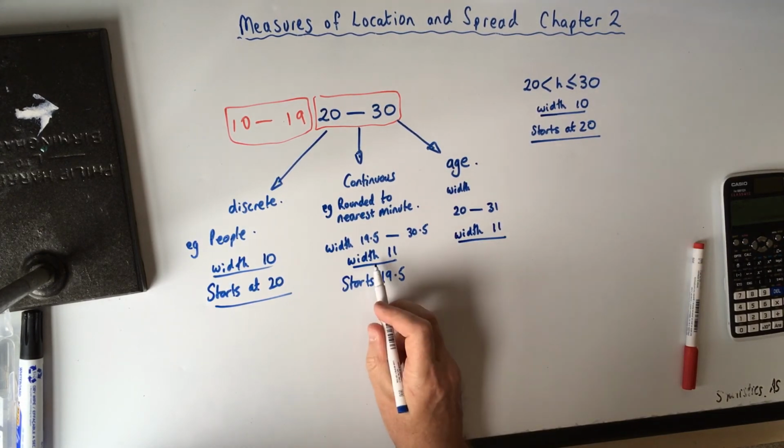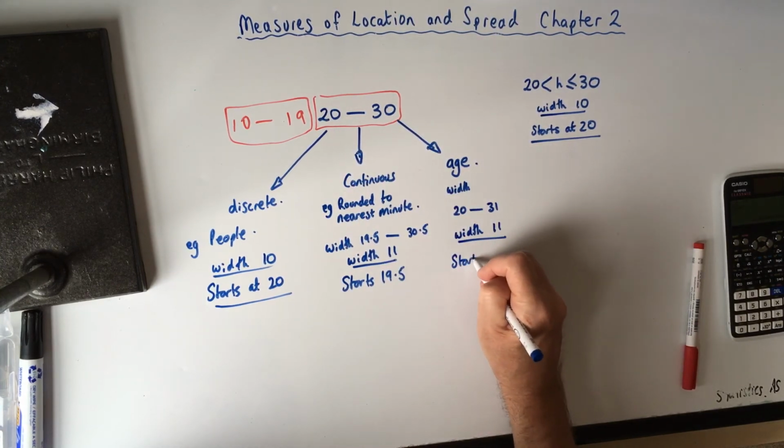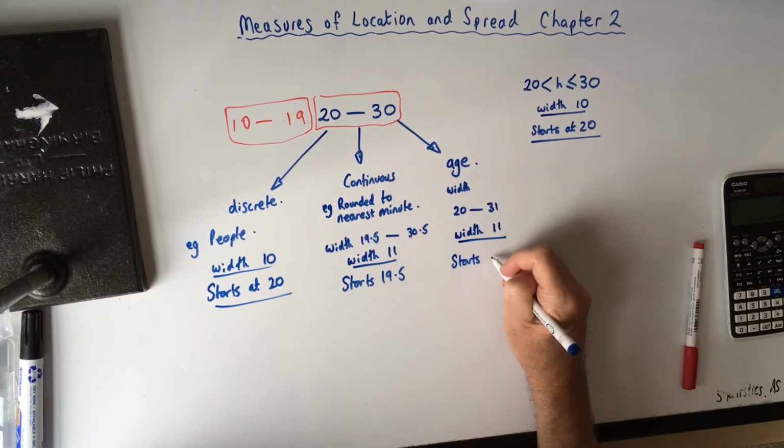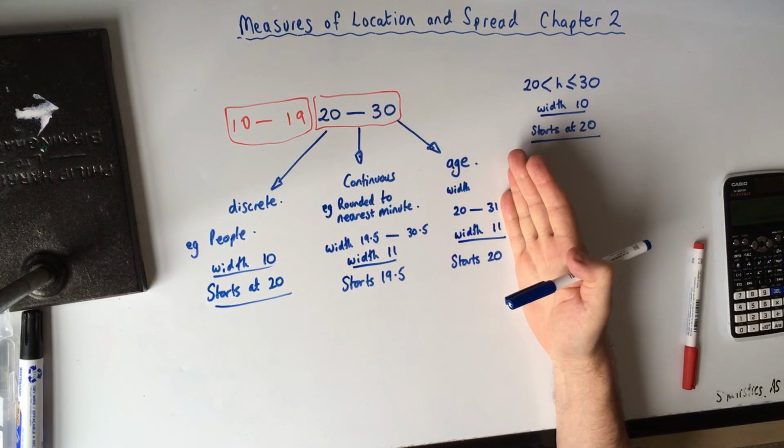So the same width as this one. However, where are we starting from? You're only 20 on your 20th birthday, so it starts when you turn 20, and you're still 30 right up to 1 second before you're 31, so infinitely close to 31.